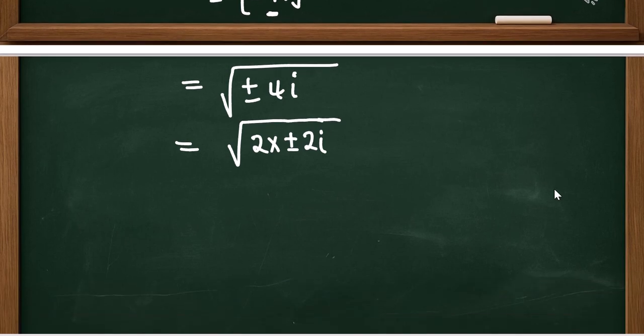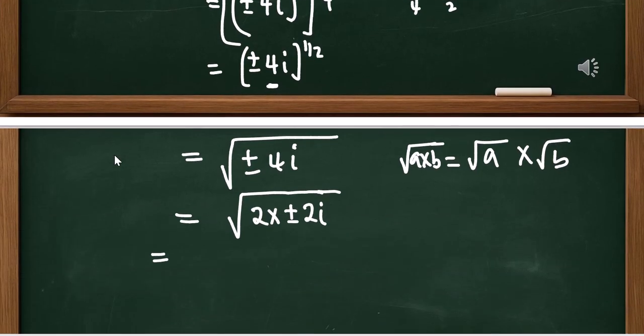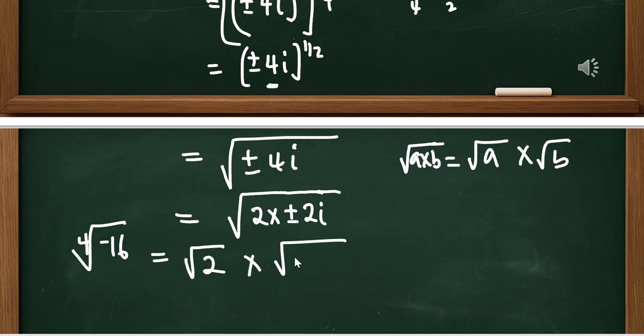Now, by the law of indices, when you have the square root of a times b, you can write it as the square root of a times the square root of b. So, recalling that we are trying to simplify the fourth root of negative 16, I can break it down as the square root of 2 times the square root of plus or minus 2i.